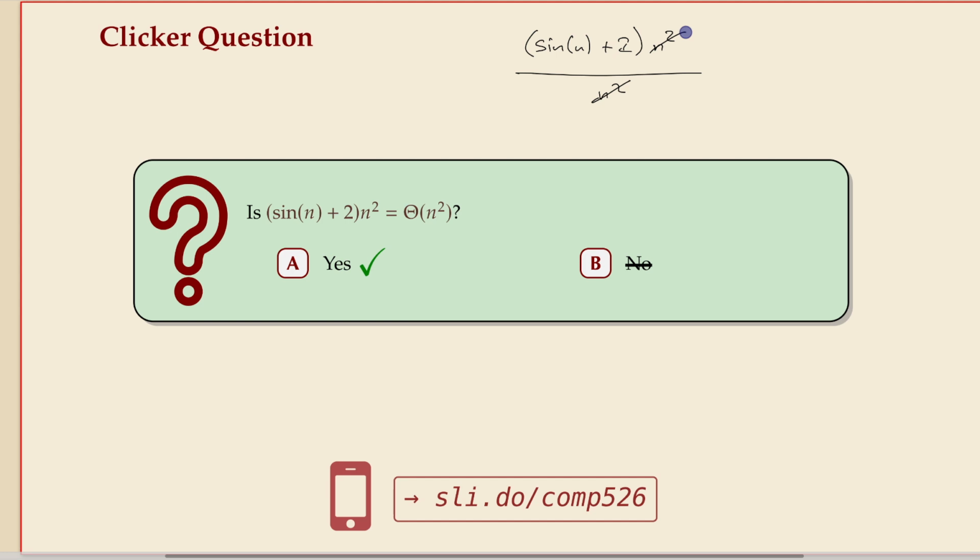It says it stays bounded. Famously, sine is between -1 and 1, so it's at most 1, so this whole thing is at most 3. And here it also becomes relevant for the first time: if you remember, the definition took the quotient and then the absolute value, just to make sure that in case things go negative, positive, we don't get into trouble. But that's all we need to show. So that means sine n plus 2 n squared is big O of n squared.